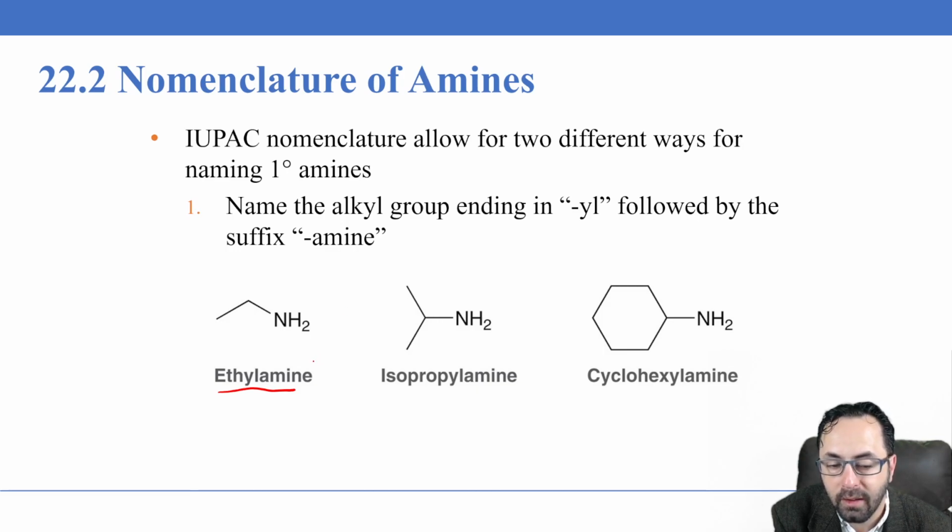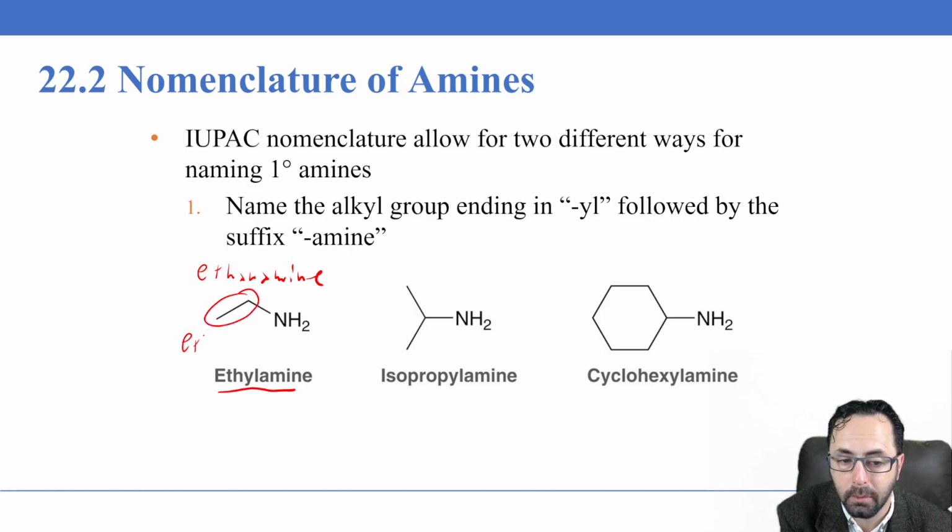So that's what Walter called it. Personally, I prefer the standard, more systematic names, which I'll discuss in a second. I would call this ethanamine instead. I always thought it was funny that Walter White called it ethylamine, but it is an acceptable IUPAC name. So here, this is the ethyl group, and this is, of course, the amine part. So we call it ethylamine.